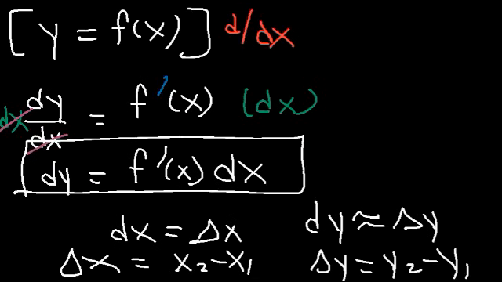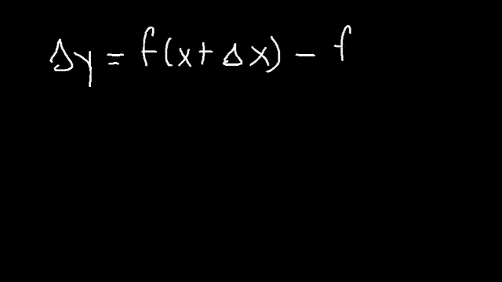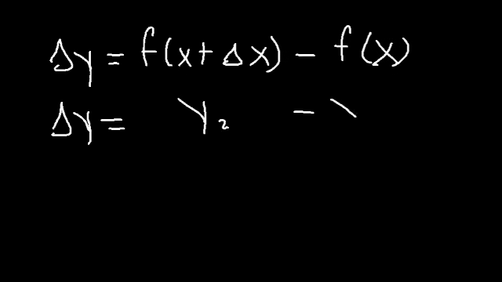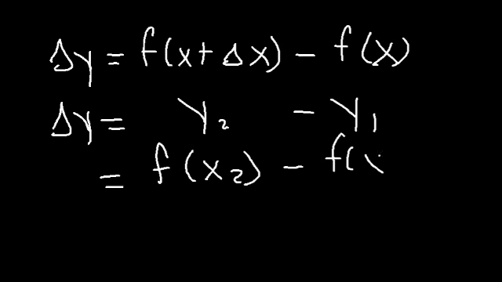You can also view delta y as being f of x plus delta x minus f of x. This is y2 minus y1. Or you can see it this way: f of x2 minus f of x1. Remember, we said that delta x is x2 minus x1.